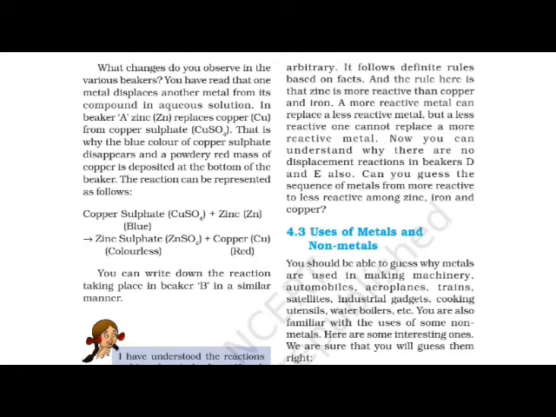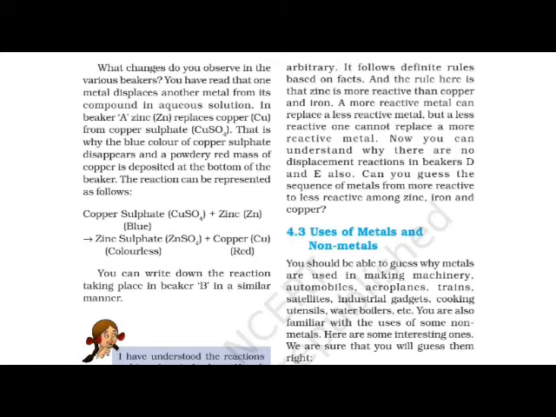A more reactive metal can replace a less reactive metal, but a less reactive one cannot replace a more reactive metal. Now you can understand why there are no displacement reactions in beakers D and E also. Can you guess the sequence of metals from more reactive to less reactive among zinc, iron and copper?